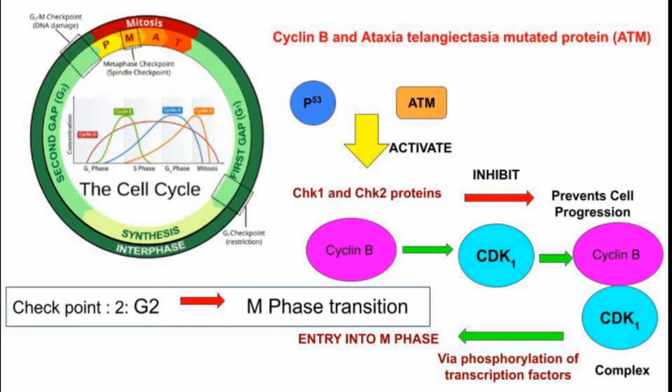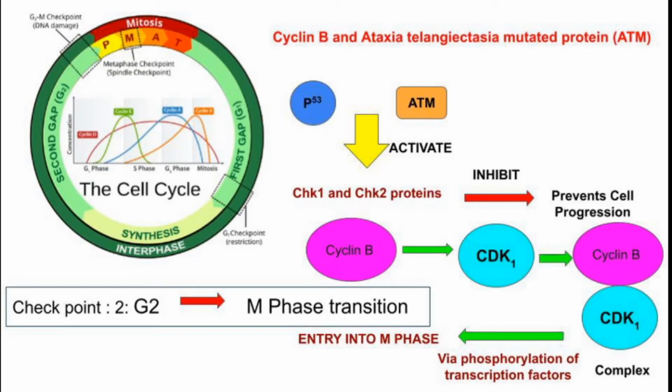Before its progression, it remains arrested in the gap 2 phase. How is it arrested? P53 and ATM both activate CHK1 and CHK2 proteins, and these two proteins inhibit or arrest the cell in the G2 phase.